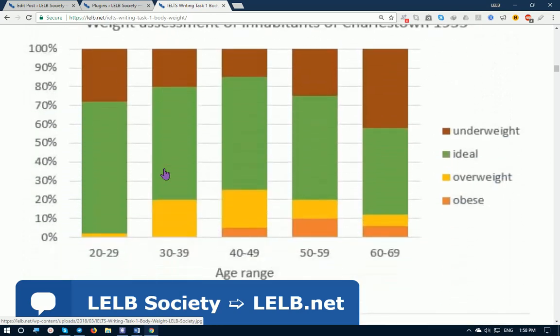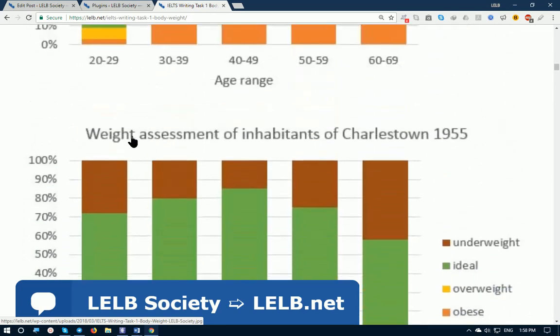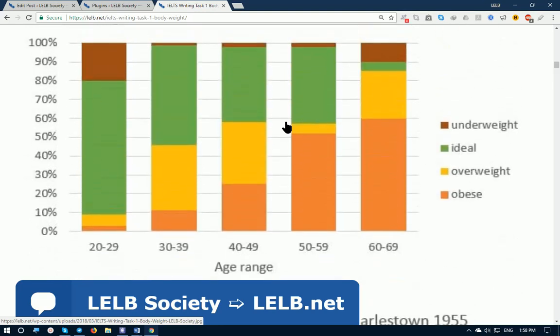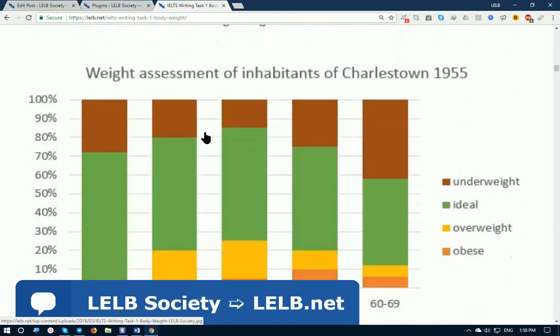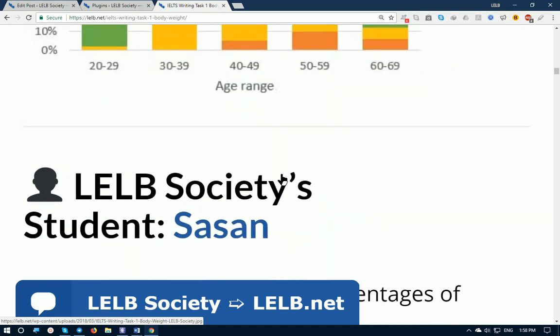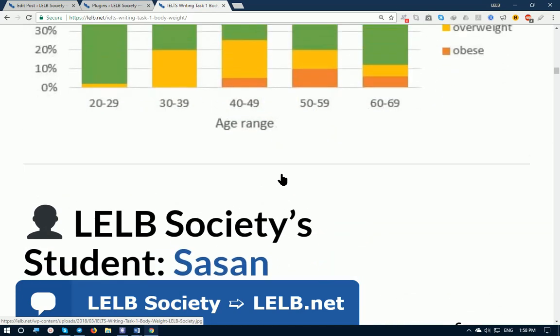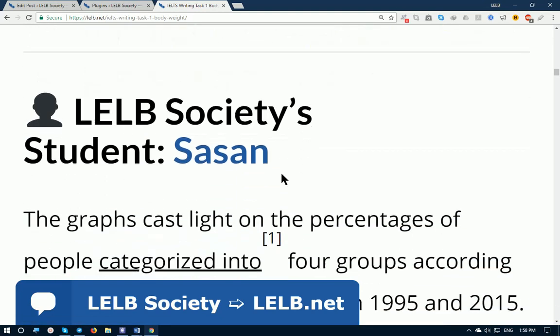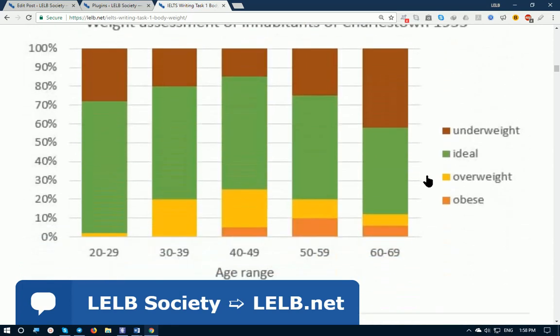And the second photo, the one right below that, weight assessment of inhabitants of Charlestown in 1955. So the first one is more recent, and the second one is older. It refers to some years ago, around half of a century ago. So we need to compare and contrast.